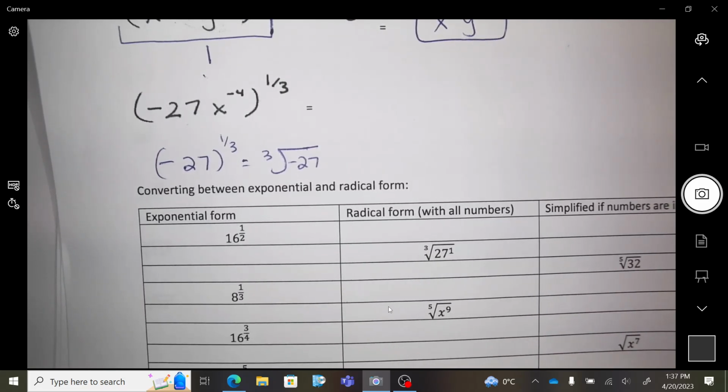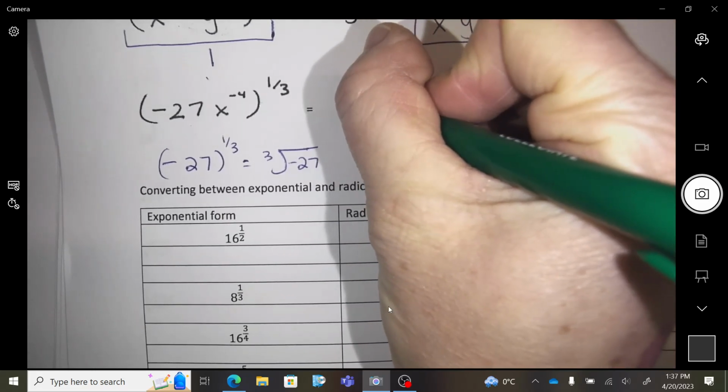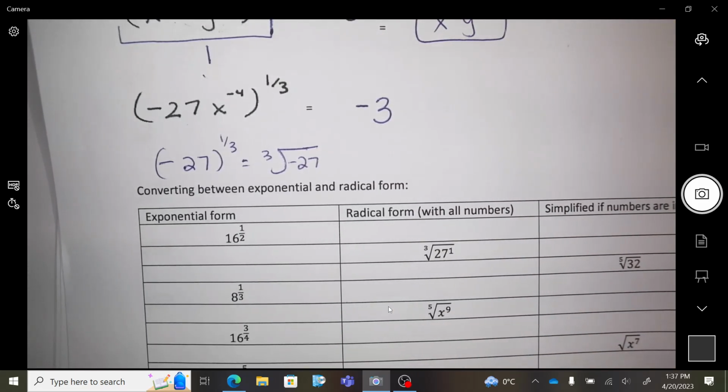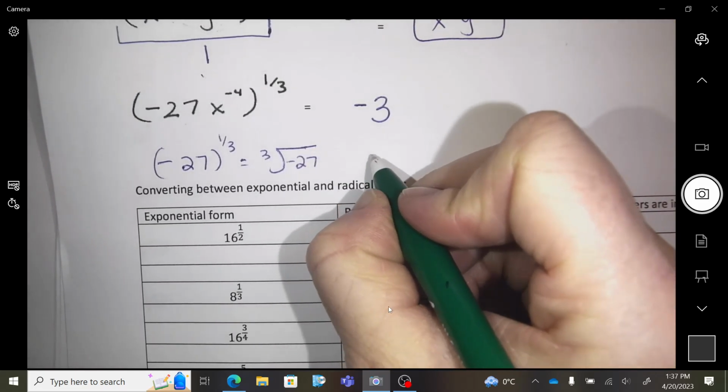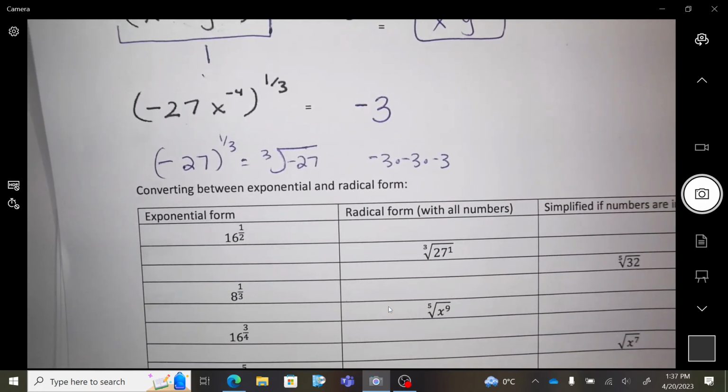What times itself again gets you to that? Negative 3. Negative 3 times a negative 3 times a negative 3. Do you see the negative 27 out of that?